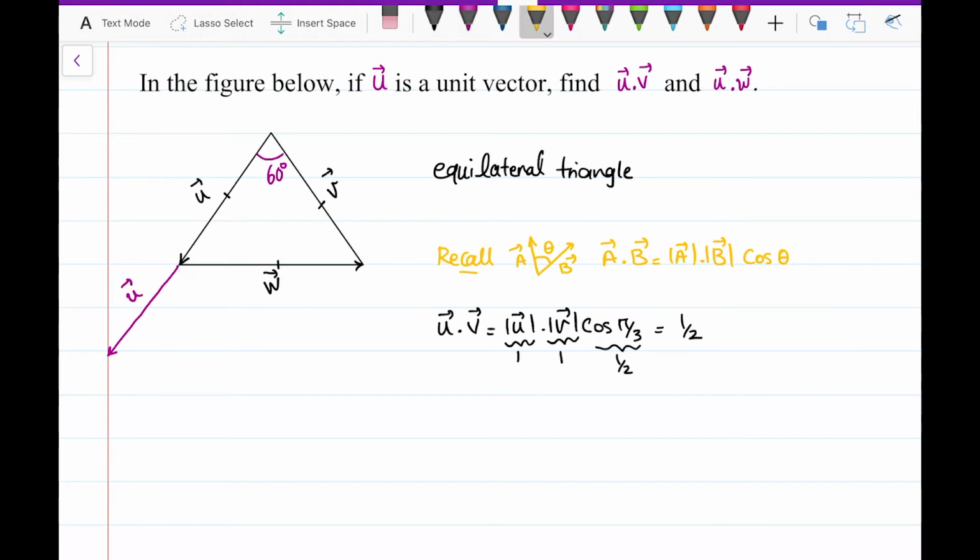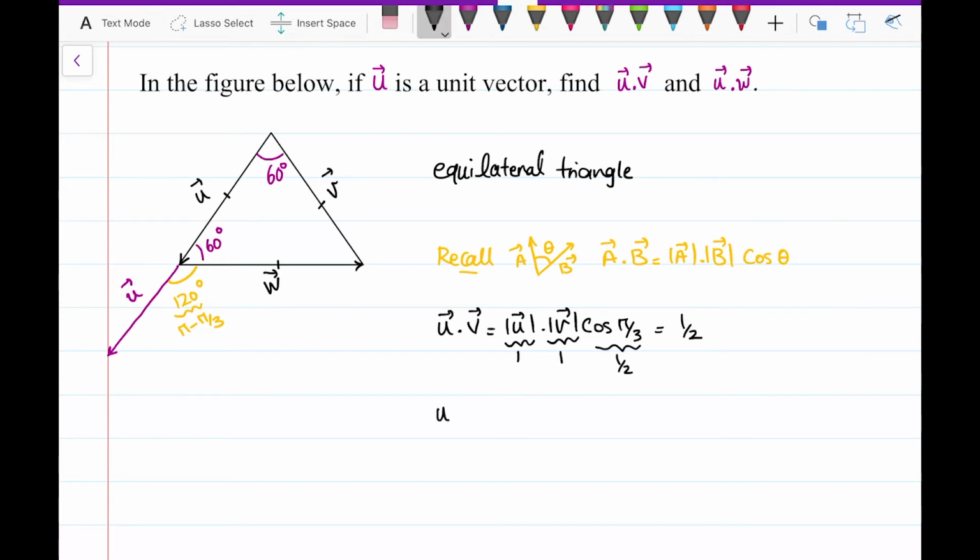And now the angle between these two is here. What is this? The whole angle here is 180 degrees, or pi. This part is 60, so this part is 120 degrees. Or I can say that this is pi minus pi over 3.